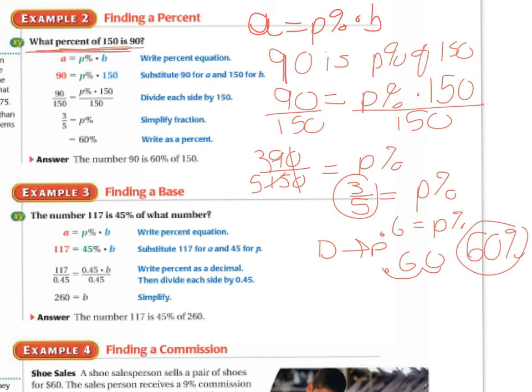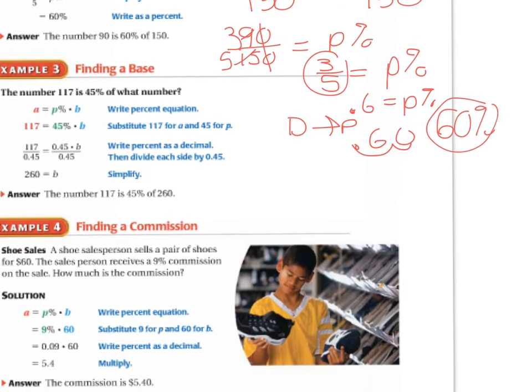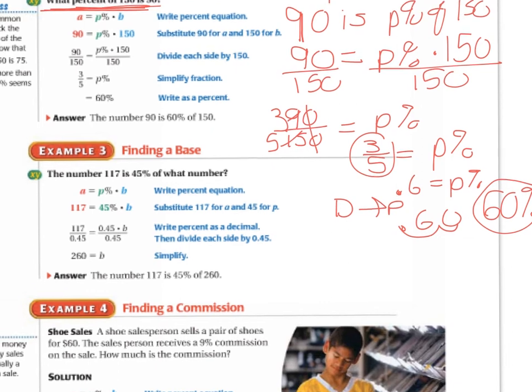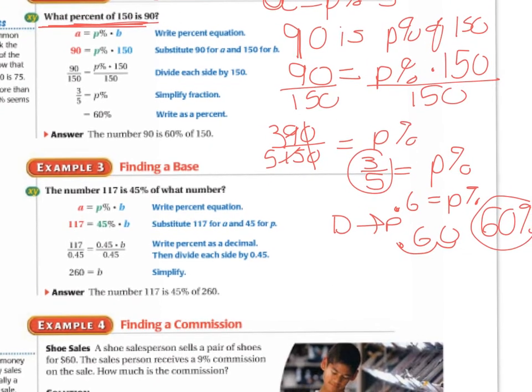Now, this problem, I would definitely suggest you use the other method. So we're going to do this one with the other method, and then we'll come back and do these others. So it says, what percent of 150 is 90? The other method is setting up the proportions. Whatever comes after the word of goes right here. What percent means I have n over 100, and I have my 90 here.